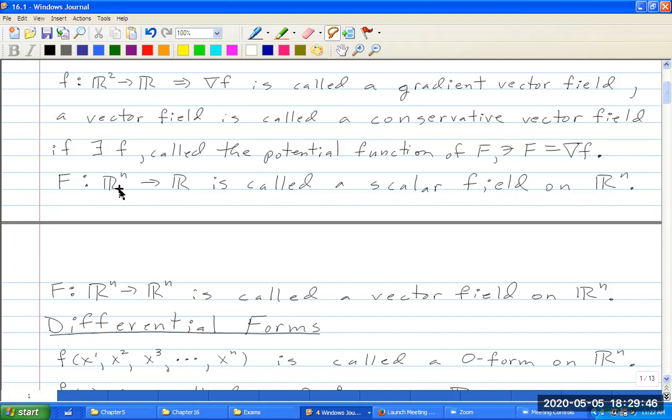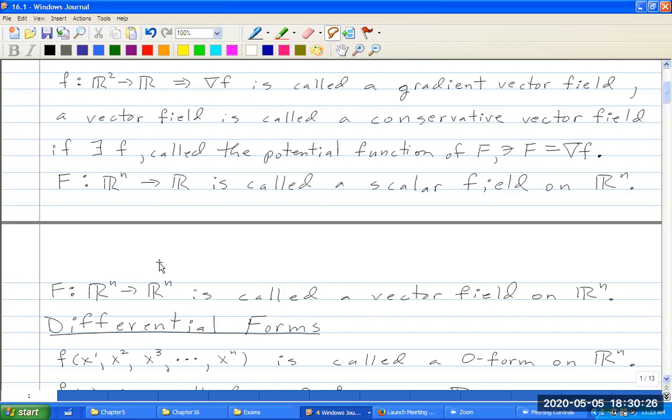Let's say temperature: if you're in some n-dimensional space, then at each point in that space you have a quantity, temperature, that you're measuring. And temperature is just a number, it's a scalar. So if I go from Rn to R, we call that a scalar field. If we go from Rn to Rn, we call it a vector field on Rn.